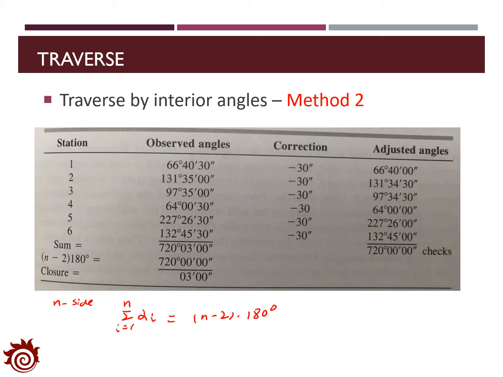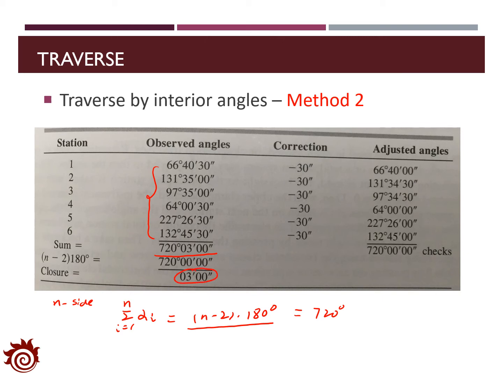Then we can do the summation of all the 6 angles and find the value as 720 degrees and 3 minutes. By the equation here with the 6-sided polygon, the summation of all the interior angles should be 720 degrees. So we find out the closure error is 3 minutes.